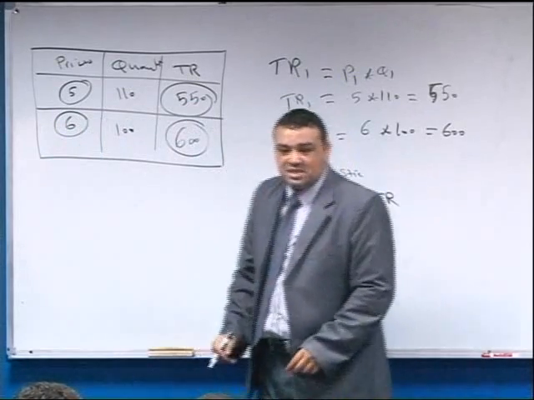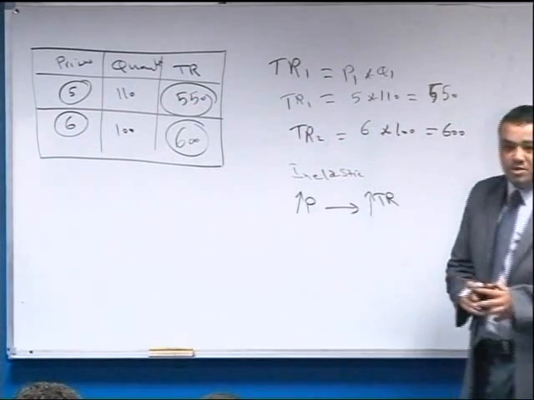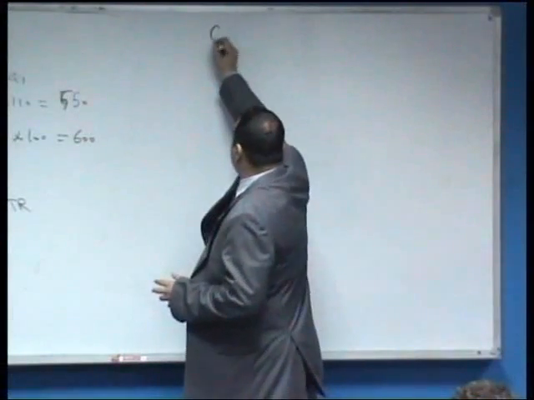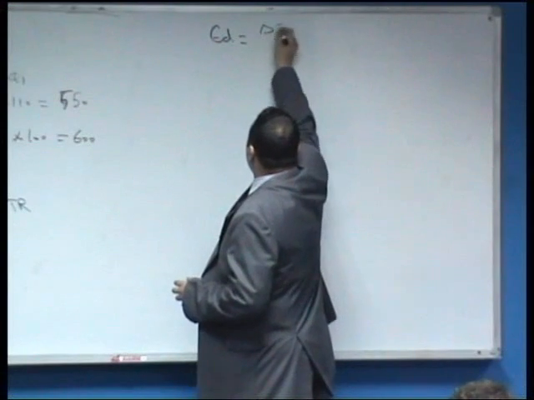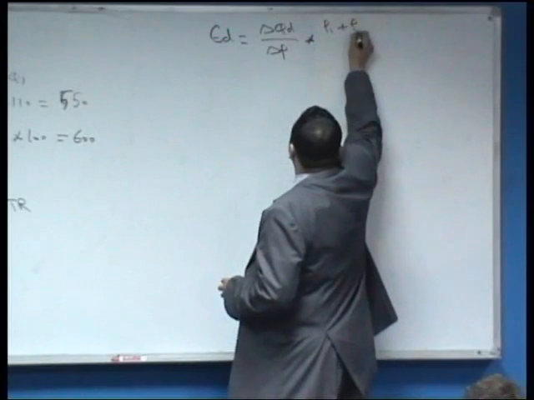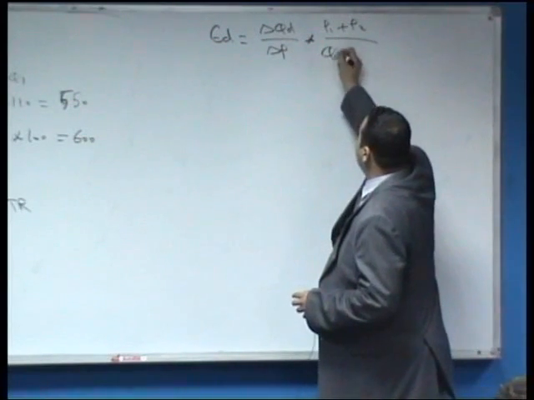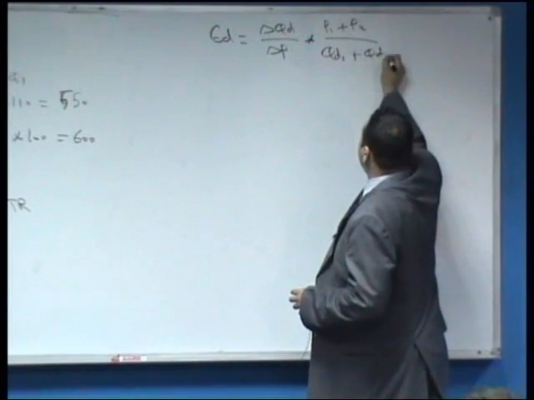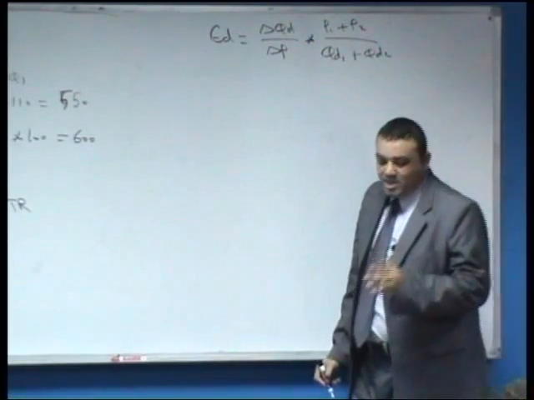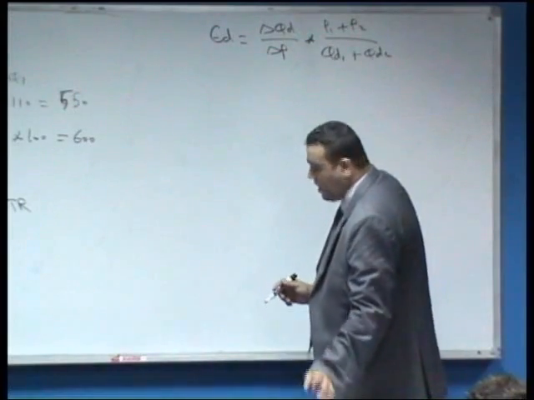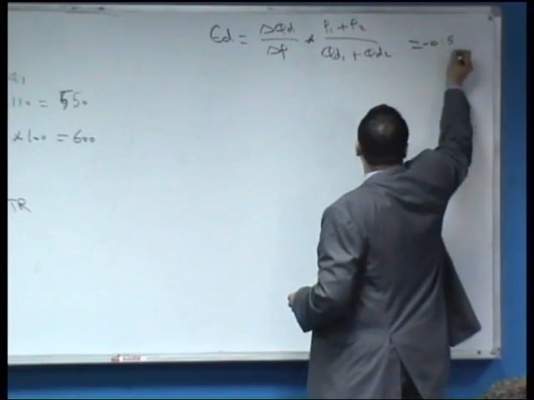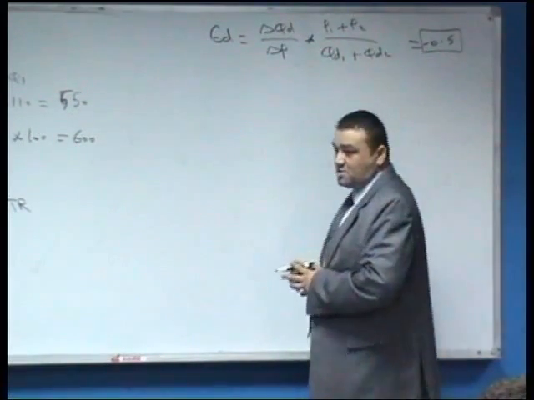Calculate the price elasticity of demand using the midpoint formula. I think it's easy. ED equals delta QD over delta P times P1 plus P2 over QD1 plus QD2. Without calculations it equals minus half. Direct substitution.